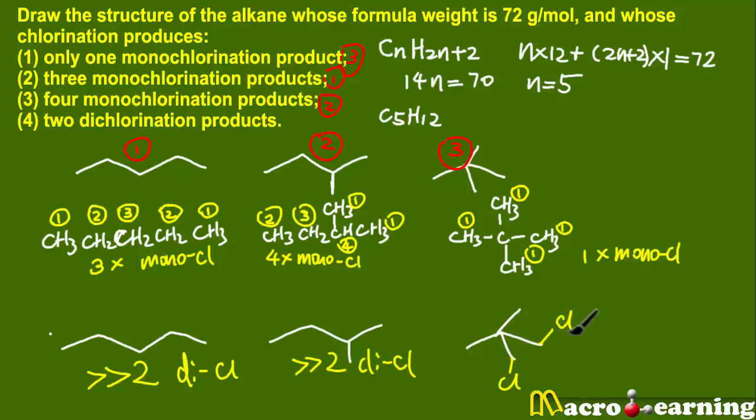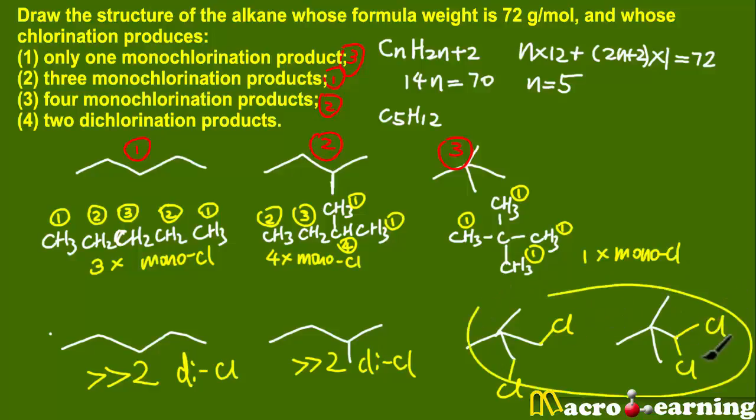So this is the only dichlorination product possible where you put 1 chlorine on each carbon. So overall there are only 2 dichlorination products. Let's see, let's draw the other one out just in case. Right, so that's it. Only 2 possible dichlorination products.